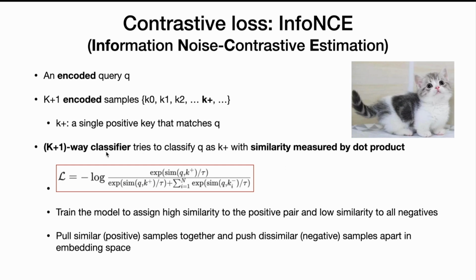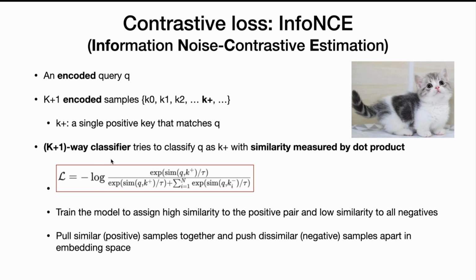Then the contrastive loss basically acts as a k+1 way classifier that tries to classify the query as the positive key, with similarity measured by dot product. So the similarity is calculated by the dot product between the query and the key.